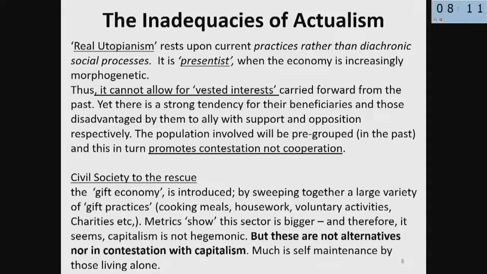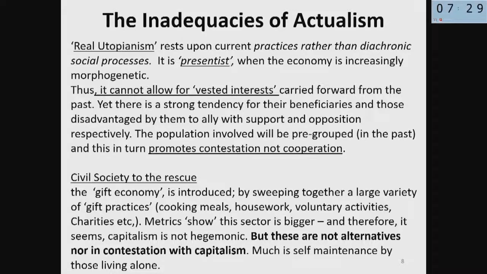Because it's presentist and just based on extrapolation, there's a strong tendency for them to ignore the fact that the vested interests that, let's say, a family acquired in the past, in the grandfather's generation, is carried forward through the parents to the children and constitutes vested interests in keeping the structure of social stratification exactly that way, if they benefit from it.